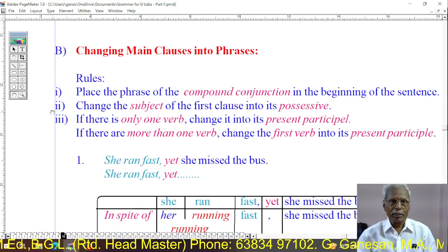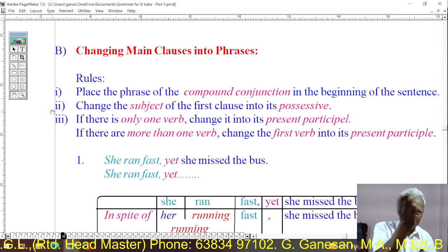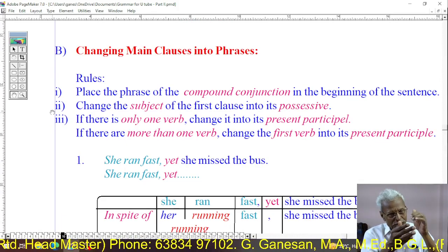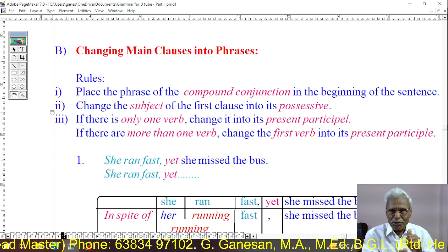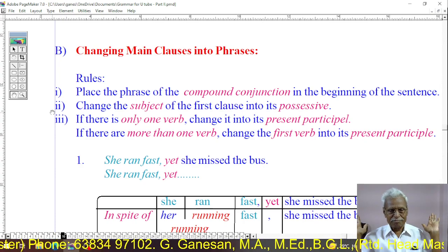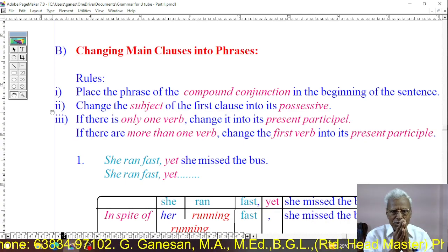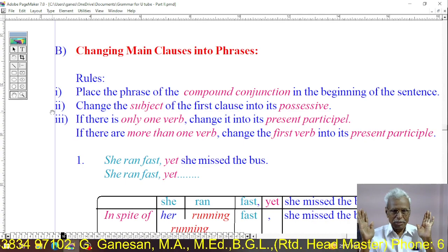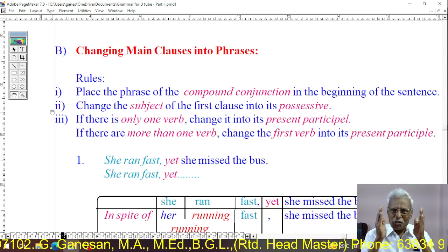Now, in A, we changed the subordinate clause into a phrase. Here we are going to see changing the main clause into its phrase. Here the rules are the same.